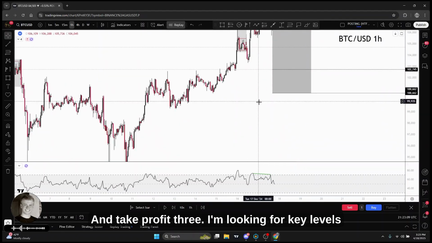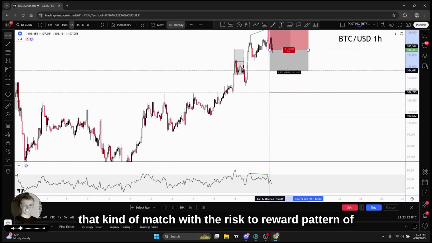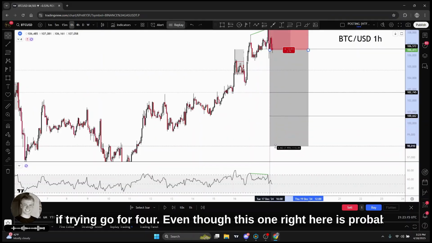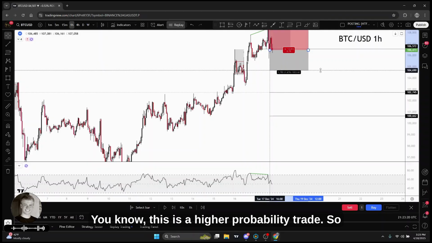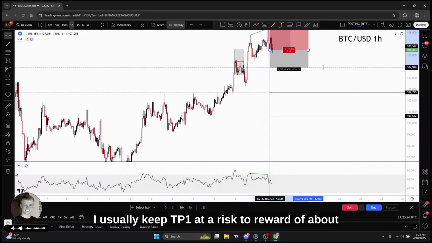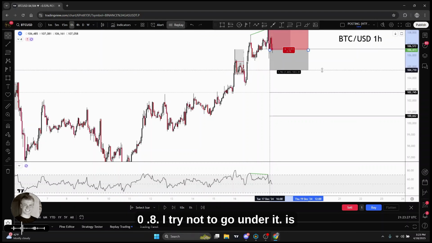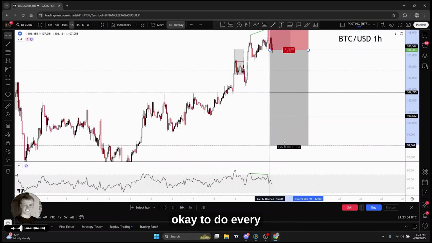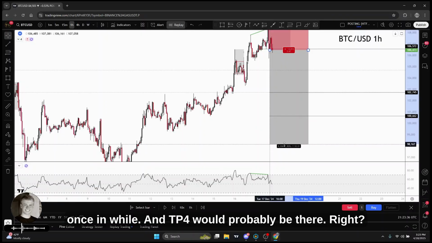I'm just looking for key levels that match with the risk to reward pattern of 1, 2, 3, 4, right? Since this is a higher probability trade, I usually keep TP1 at a risk to reward of about 0.8. I try not to go under it. This is a little bit under it, but it's okay to do every once in a while, and then TP4 will probably be right there.